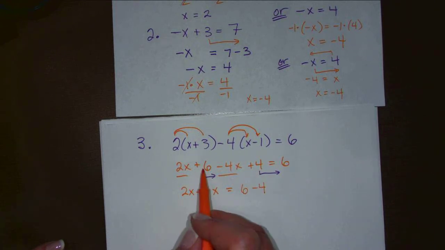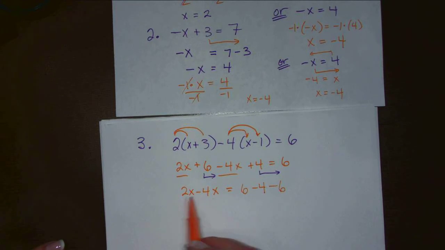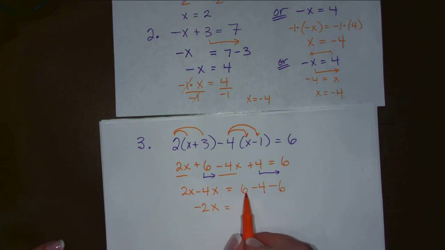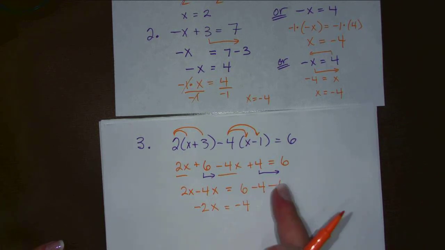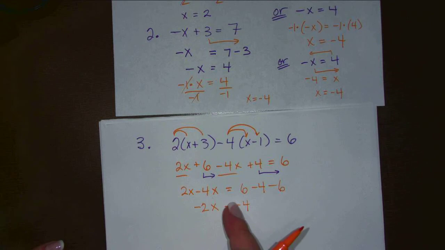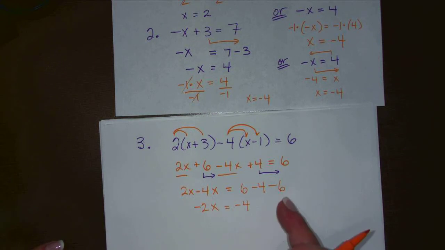This is a positive 6, it will become a minus 6. 2x minus 4x, minus 2x. 6 minus 6, 0, and a minus 4 is left. You could do it in order that you see them, but if you can see something that cancels, there's a positive 6 here and a negative 6, so that's just 0, and all that's left is negative 4.